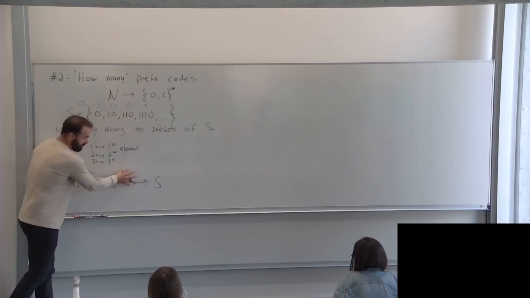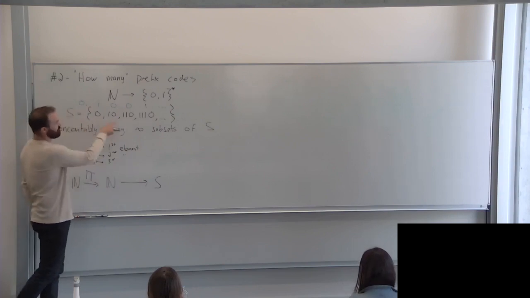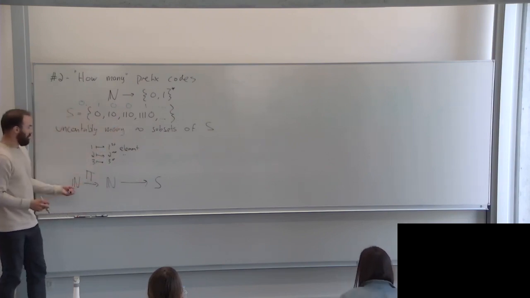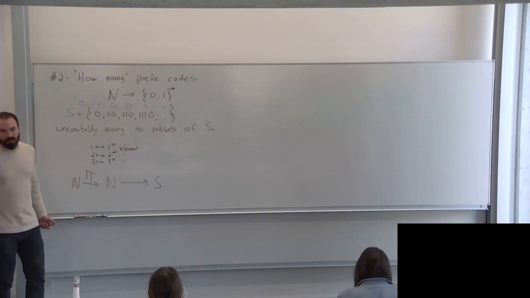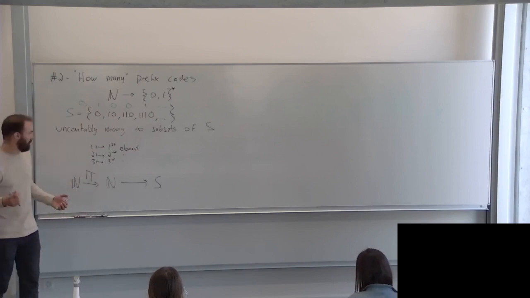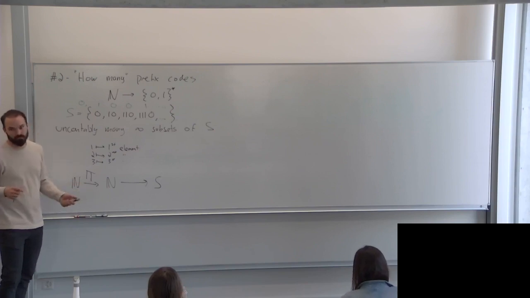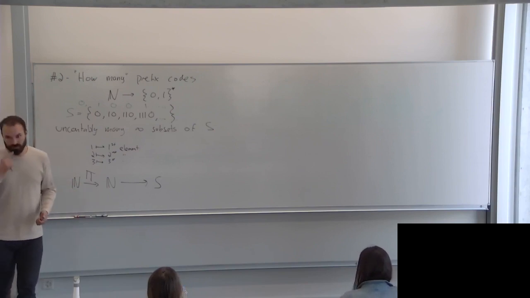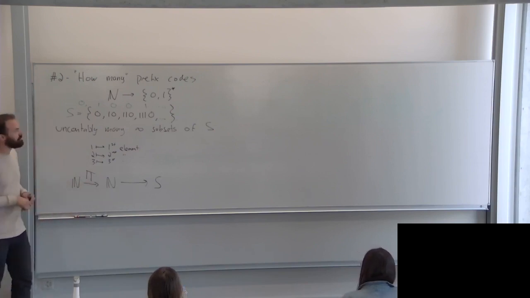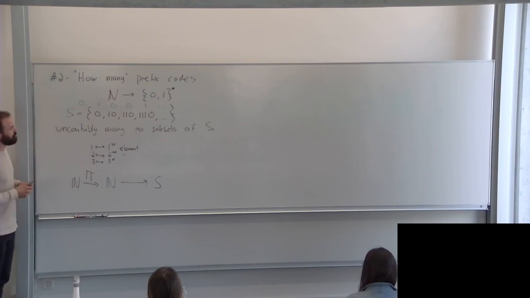So I fix a code here, like a canonical code that I could make with this set of code words, but I prepend it by an arbitrary permutation. Why not? And how many permutations are there from n to n? Uncountably many. So you can get into various arguments to argue that the number of prefix codes is uncountable.